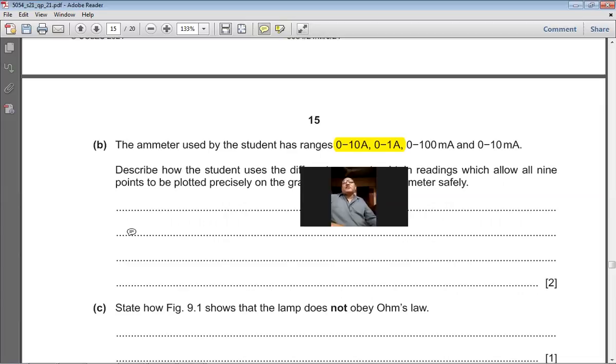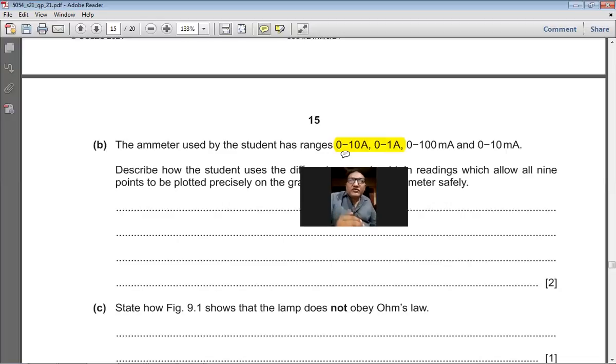One very important thing: when you start your experiment, you will use the maximum range, because we are not sure how much current will flow through the circuit. So when you start, you use the maximum range, and then you gradually check how much the pointer is moving.